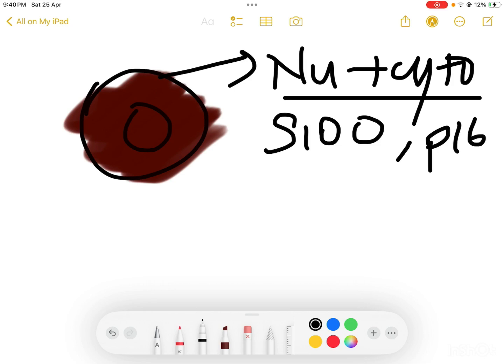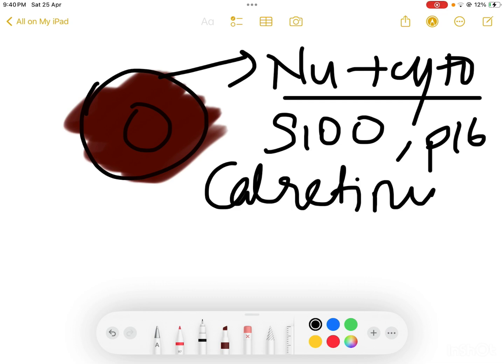I said before that P things come in the cyclin, so it should come in the nucleus, but this protein is present in both cytoplasm and nucleus at times. And then there is calretinin. There are exceptions to many things, that is why these are present in both.